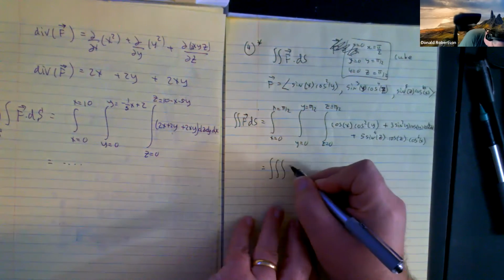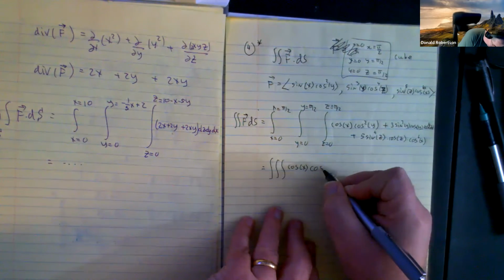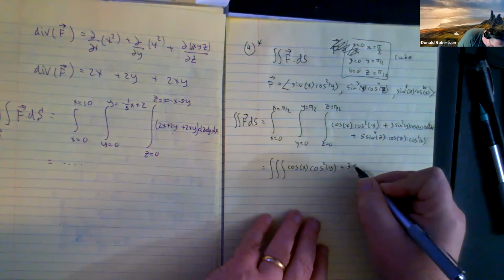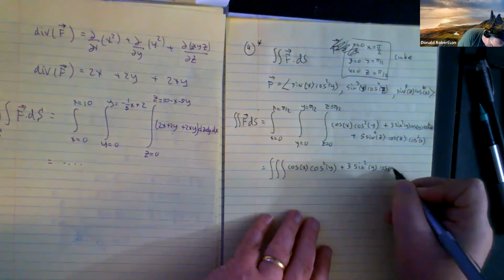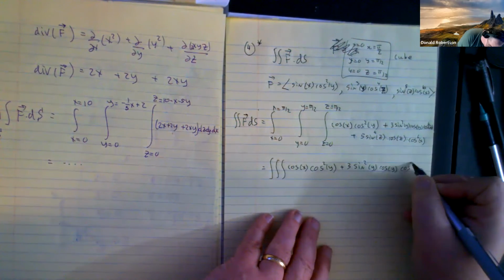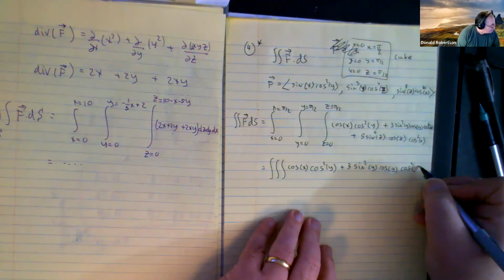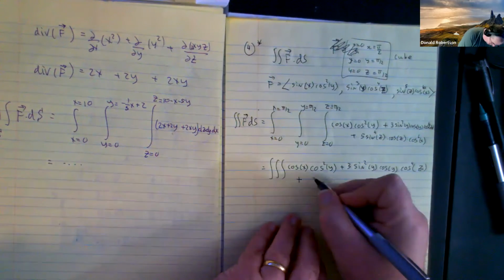I'll write it again then with a little bit more room. We have a cosine squared. And then we have a 3 sine squared y, cosine to the 4z. Even although that, I still don't have enough room.